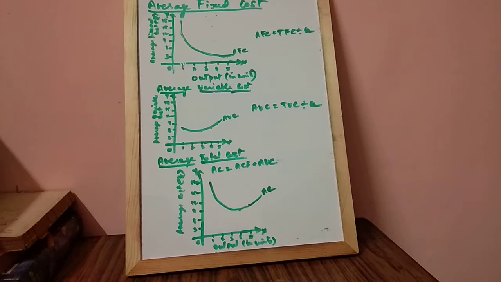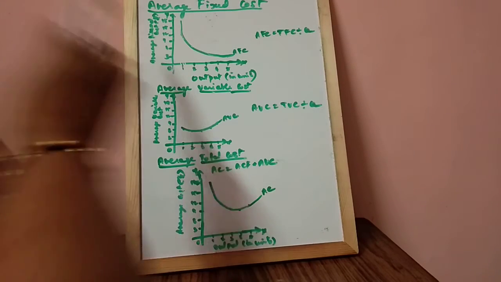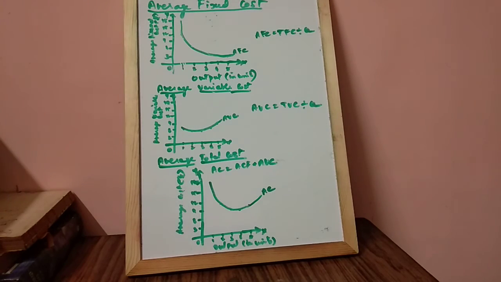AFC can never touch the x-axis as total fixed cost can never be 0. That is why you don't find the curve touching the axis. The AFC curve can never touch the y-axis because at 0 level of output, TFC is a positive value, and any positive value divided by 0 will be an infinite value.